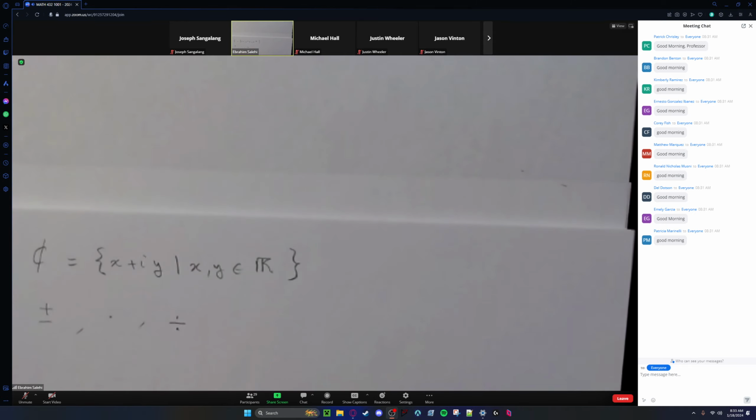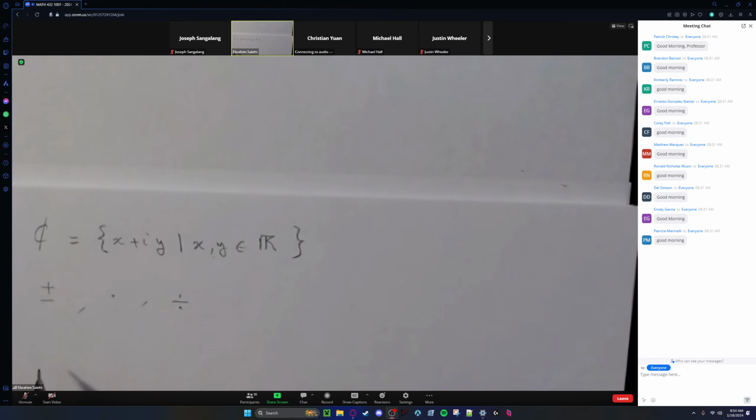Now, especially later, in the process of division, I introduced a conjugate.